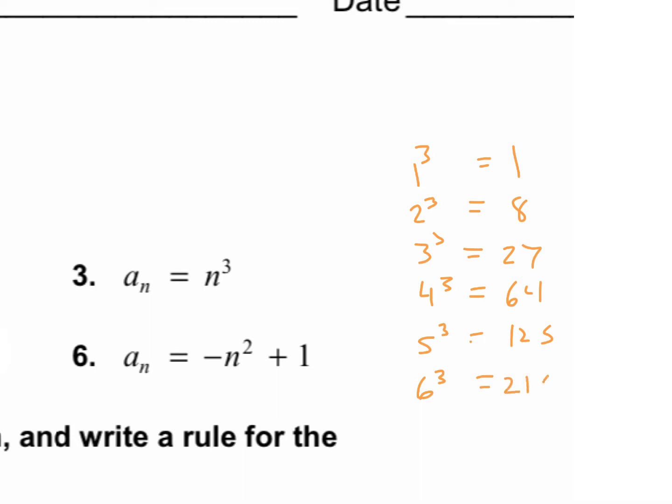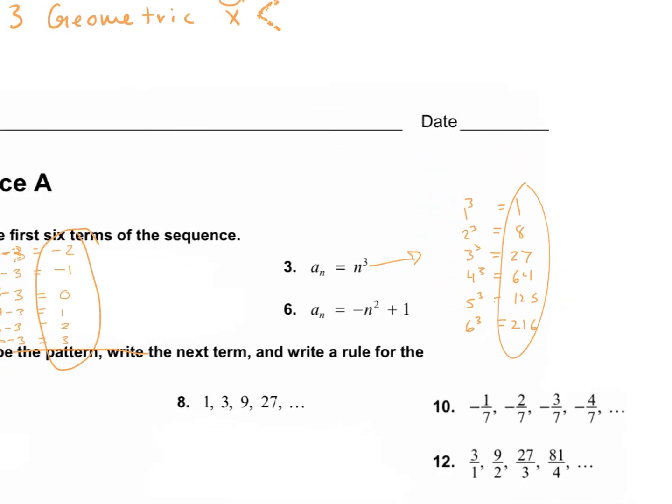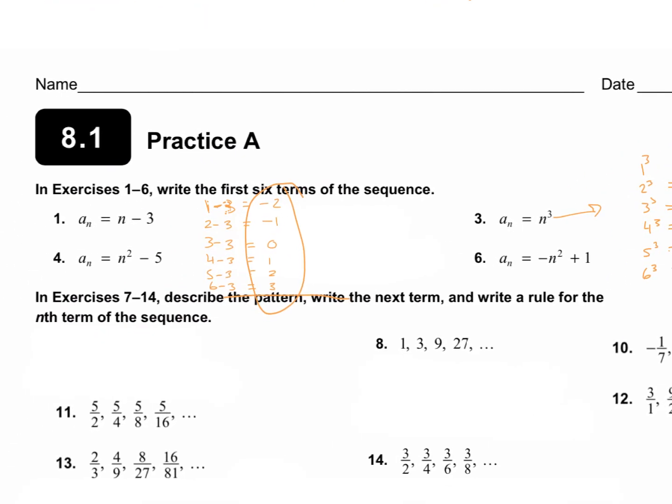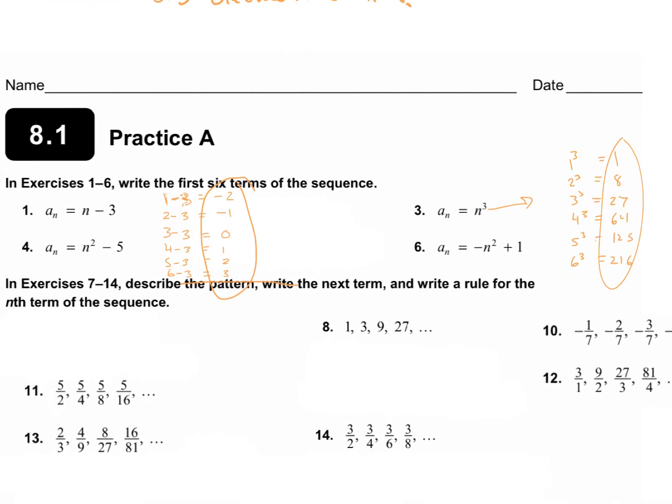So these would be our first 6 terms of our sequence for number 3. Any questions on 1 or 3? Those are not too bad. So just plug in 1 through 6 for n.